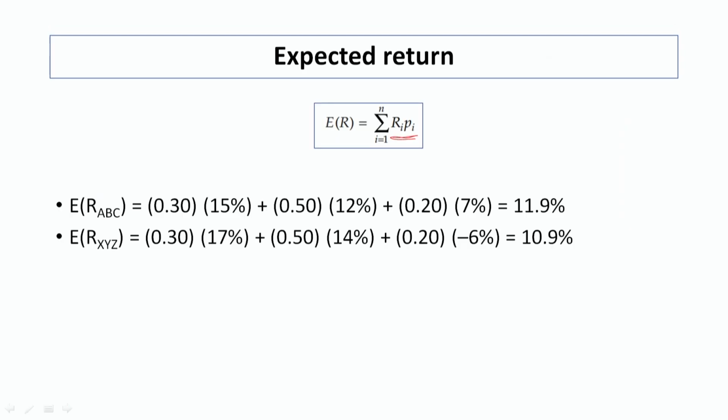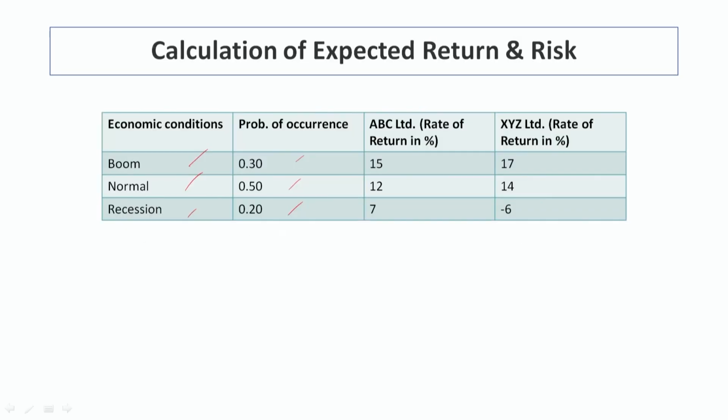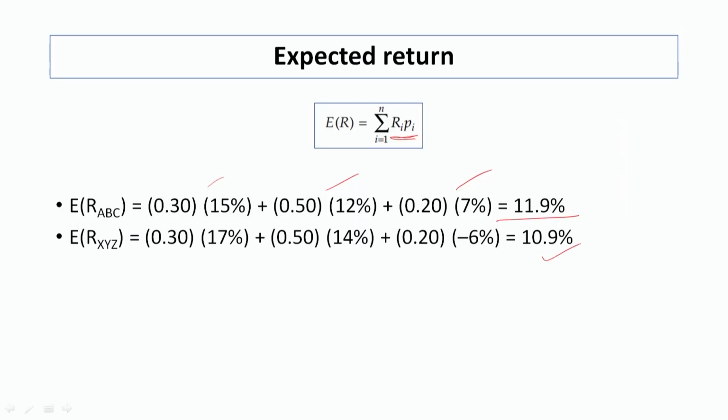We multiply and get around 11.9%. Similarly, for XYZ we calculate 0.3 into 17, 0.5 into 14, 0.2 into minus 6, and we get a return of around 10.9%. So this is our expected return from these two securities.